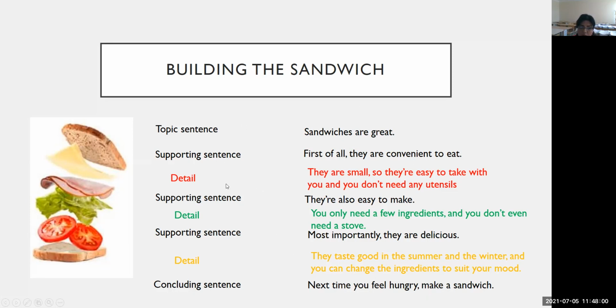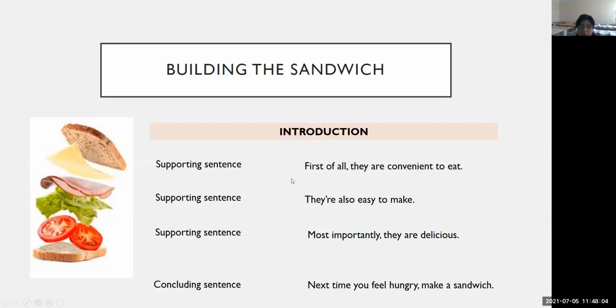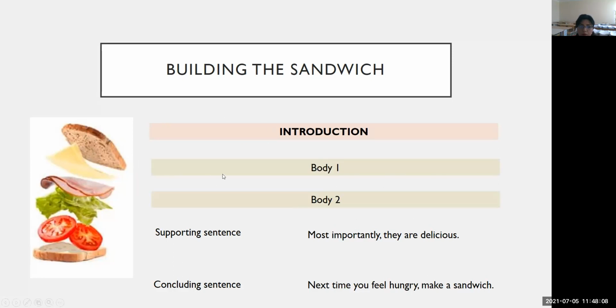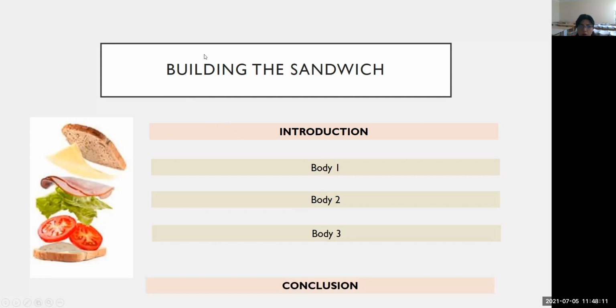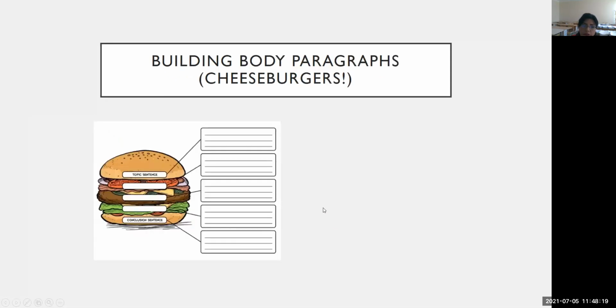This is the last sentence of the paragraph. So the main structure in any piece of writing is like this: introduction, body 1, body 2, body 3, and conclusion.